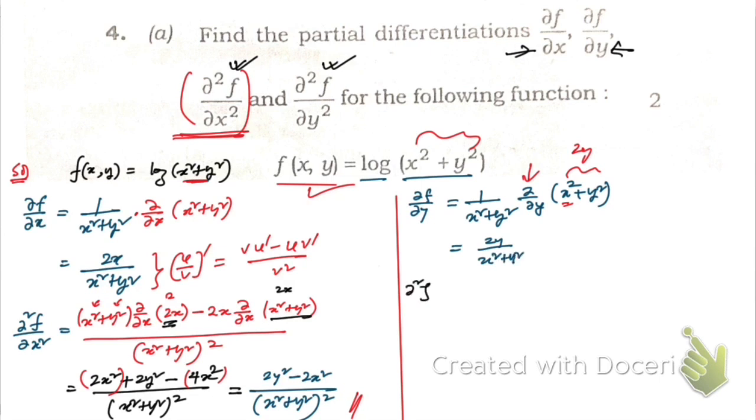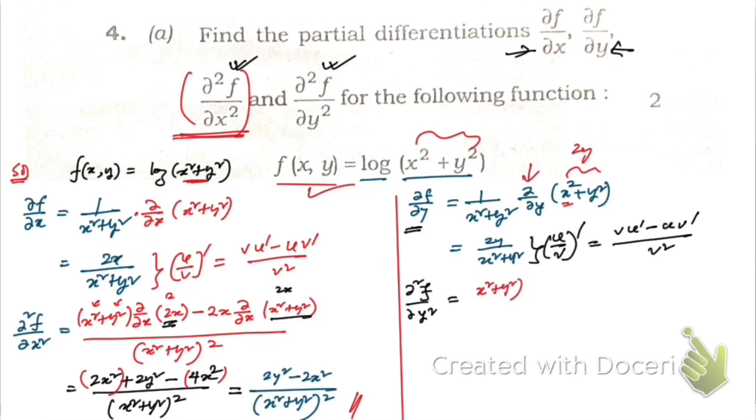So here you see, if you differentiate this again, then you will get the second order partial derivative of f with respect to y, right? So again you have to use the u by v rule. The derivative of u by v is given by v times derivative of u minus u times derivative of v, by v square.